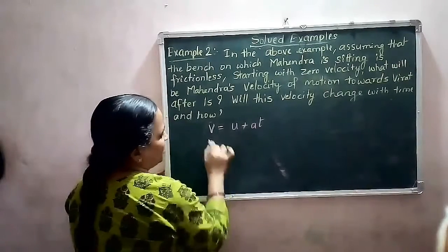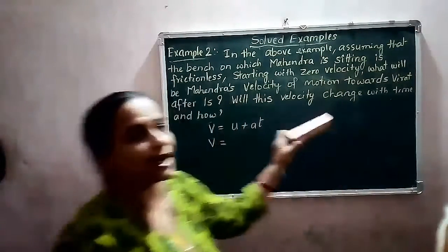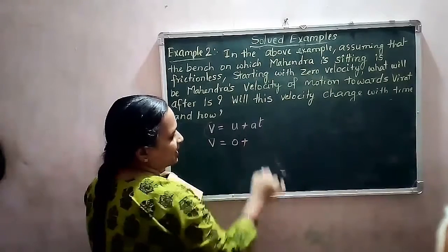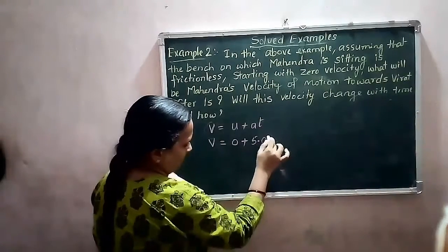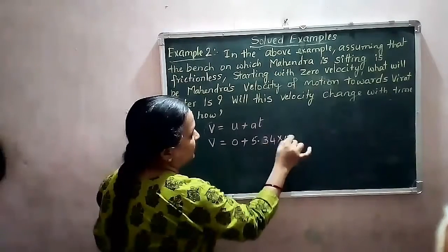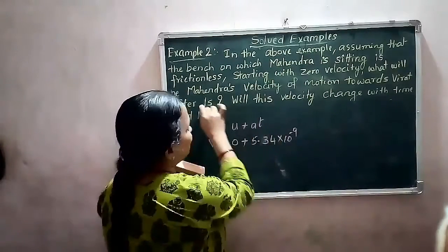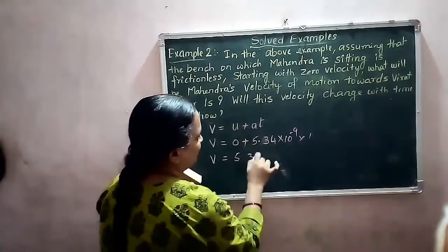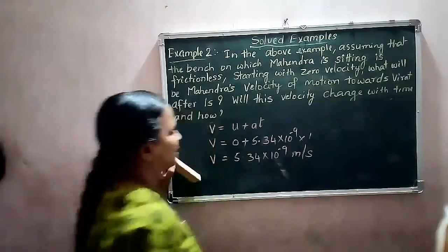We have to find out V. U is given as 0, starting with 0 velocity, plus A, the acceleration, 5.34 into 10 power minus 9, into T. T is 1 second. So you are getting velocity as 5.34 into 10 power minus 9 meter per second.